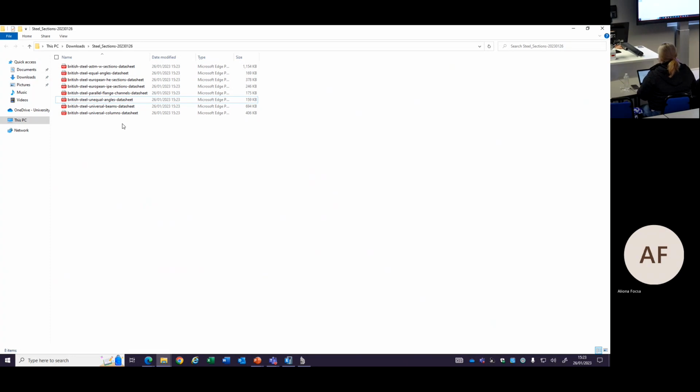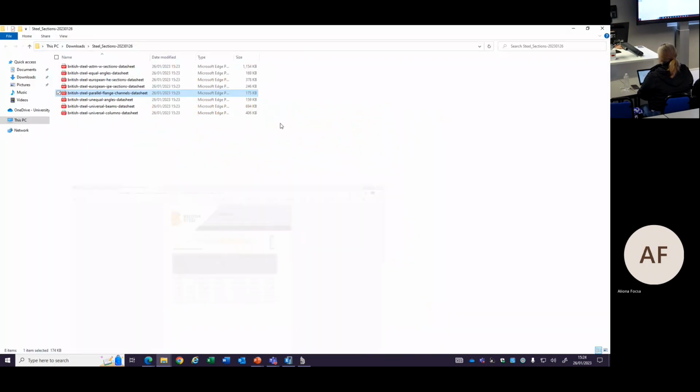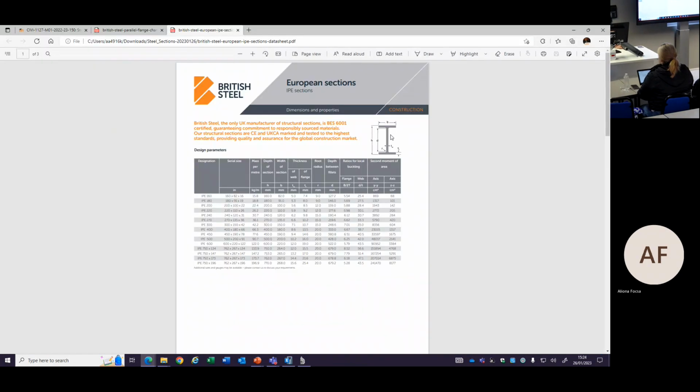So as you know, for example, European sections, for example IPE sections. We'll have some tables like this for steel. You didn't have something similar for concrete. There are some booklets like this.